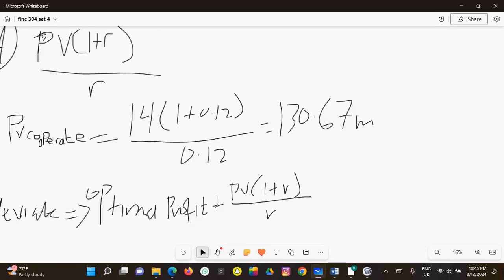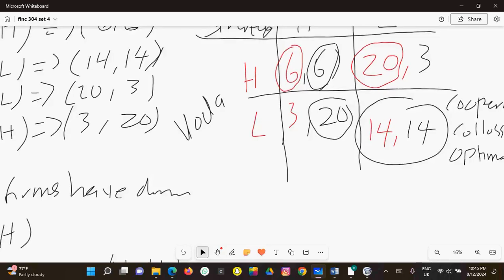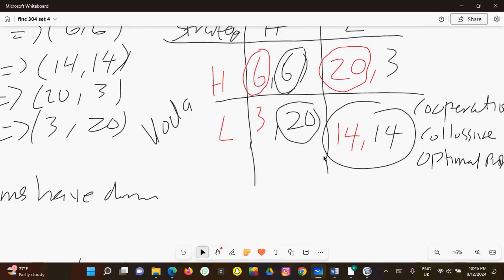So what we are going to do here is that now they are all making a profit of 40 million each. If let's say one firm decides to cheat, let's say Vodafone sees that when he performs high advertisement he will be getting 20, so he's moving on to 20.